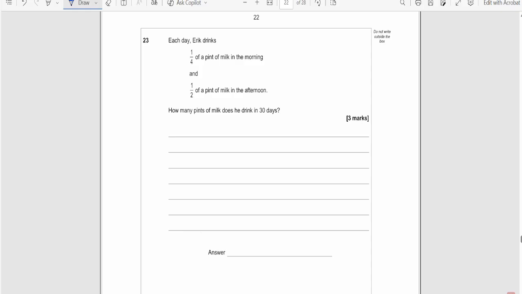How many pints of milk does he drink in 30 days? First of all, we need to add 1/4 and 1/2, because this is for morning and this is for afternoon. To find the total amount of milk in one day, we find 1/4 plus 1/2.